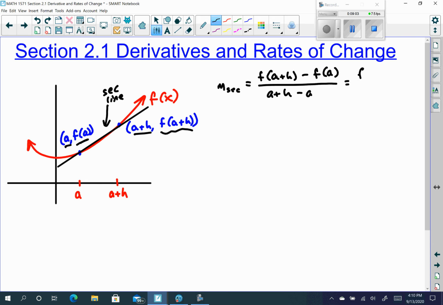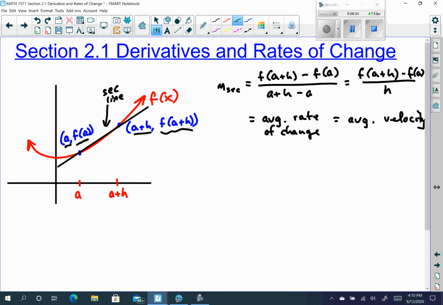So this becomes f of a plus h minus f of a all over h. And that's where we're getting that difference quotient from. Now this is also known as the average rate of change, which you use plenty of times, also known as the average velocity.